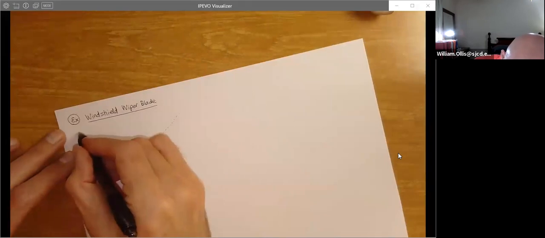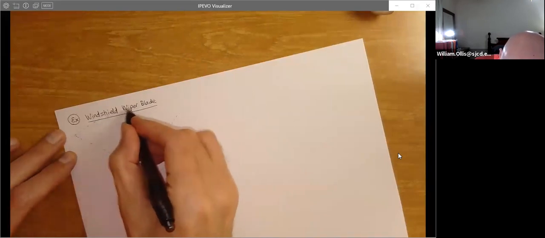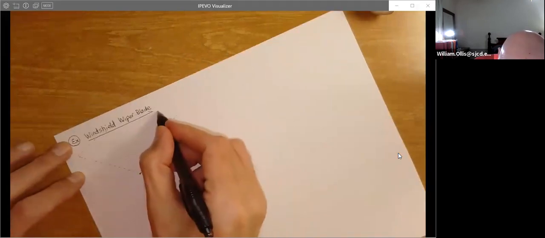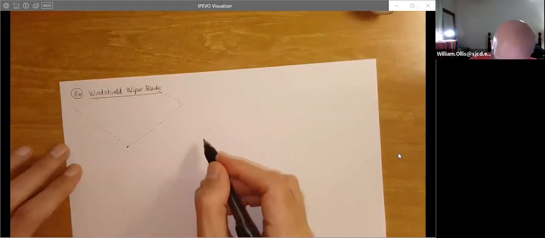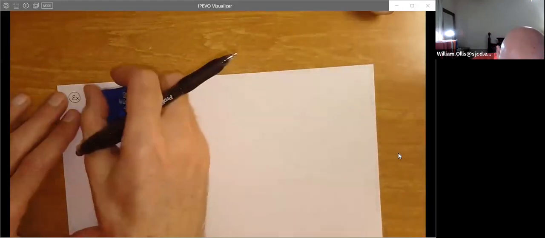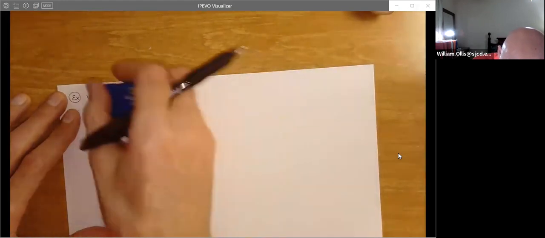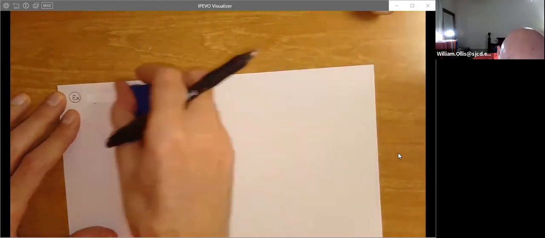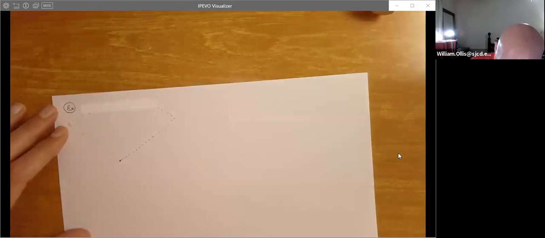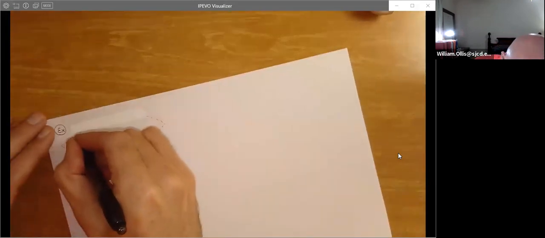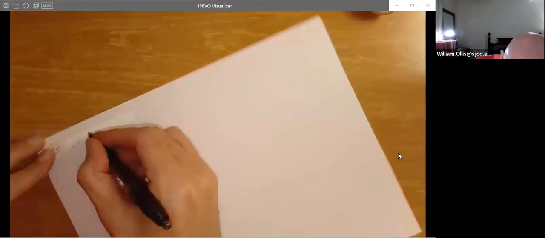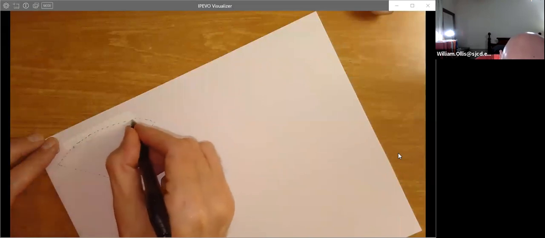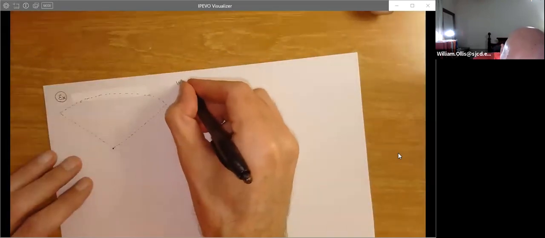So let's go ahead and put in the circle. Let me just erase this, because that's getting into my picture. I'll just move it over. So we have a windshield wiper blade.